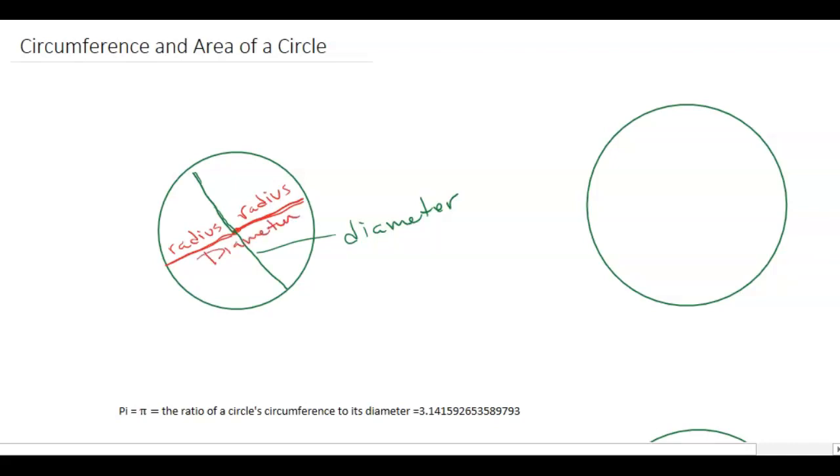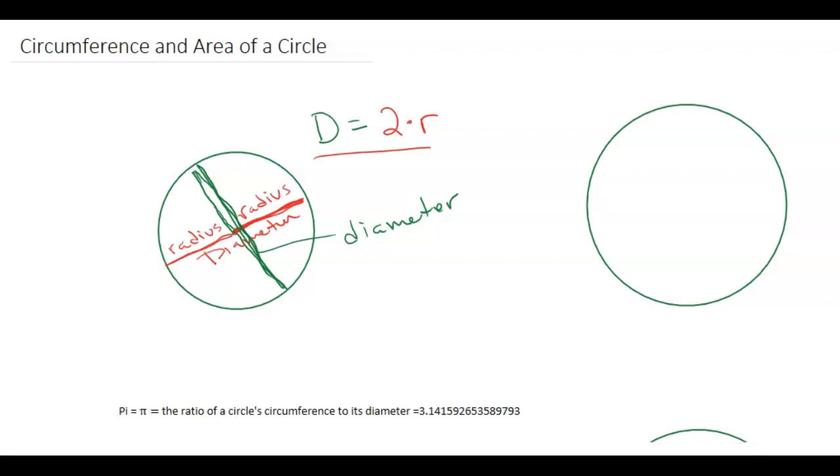So the radius is the distance from the center to the edge. The diameter is the distance all the way across. So the diameter is always equal to 2 times the radius.